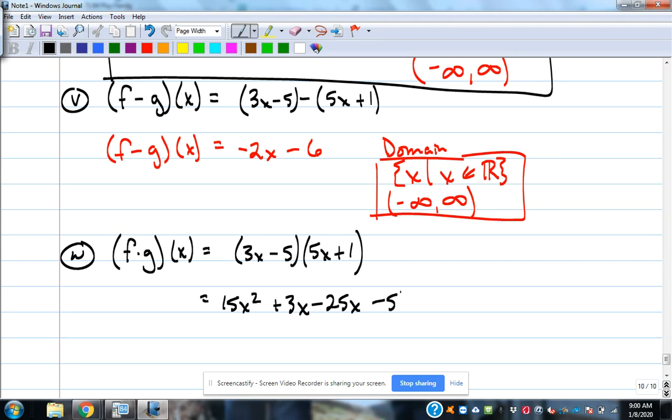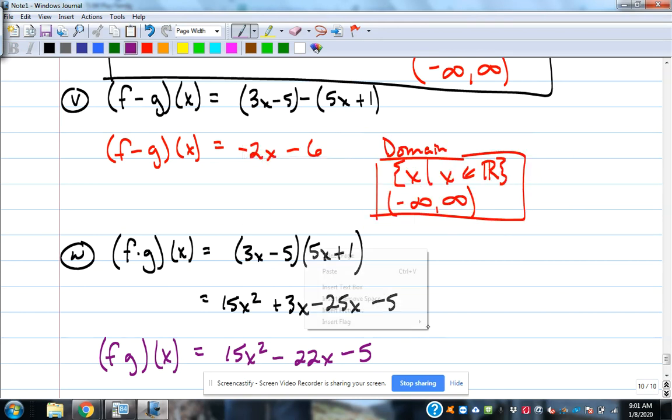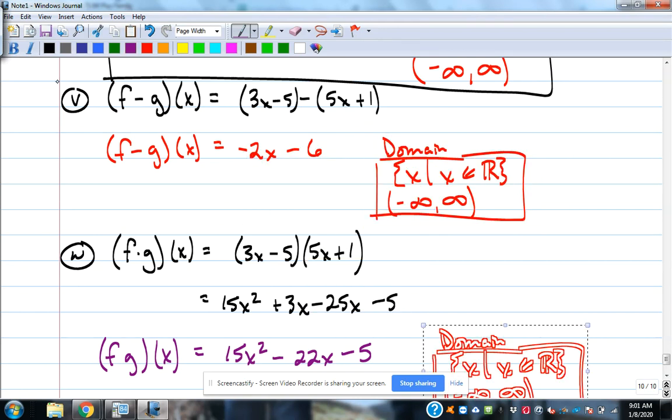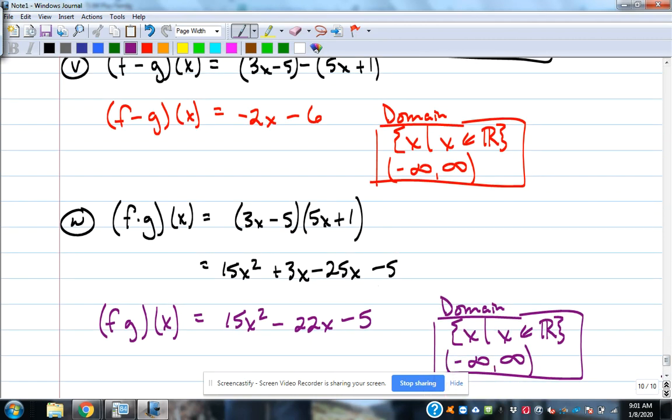So I'm just distributing 3x to everybody and then distributing minus 5 to everybody. And then combine like terms. And there's our operated function. What's its domain? All real numbers, because there are no red flags in that operated function.